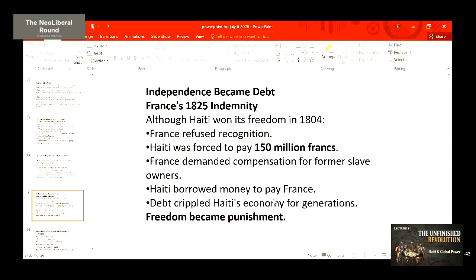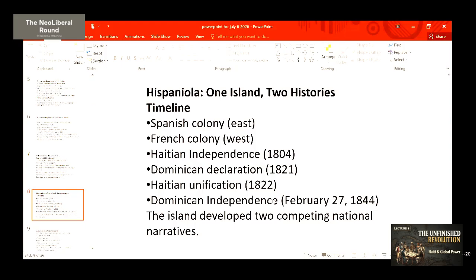Because if they never had to borrow the money and pay back France, 150 million francs in 1825 was a huge sum, probably trillions of dollars at today's value. It helped to impoverish the country because instead of using money to develop their country, they had to use it to pay back France.